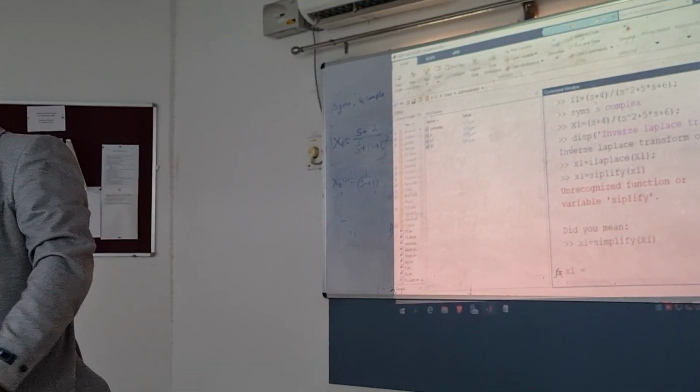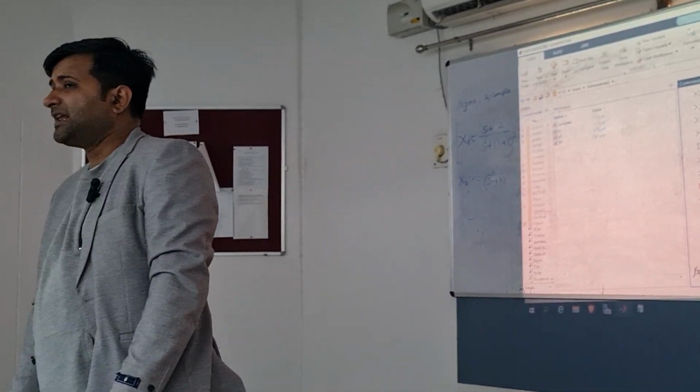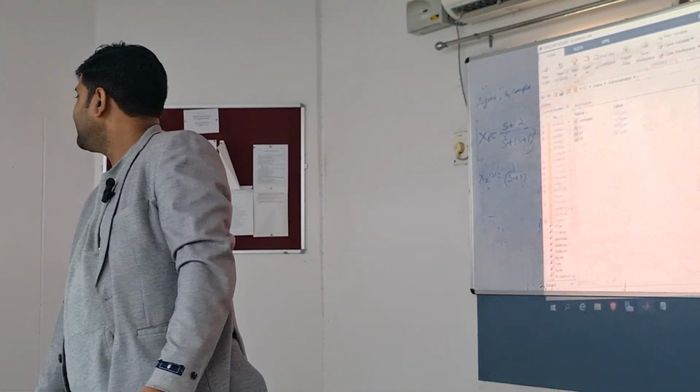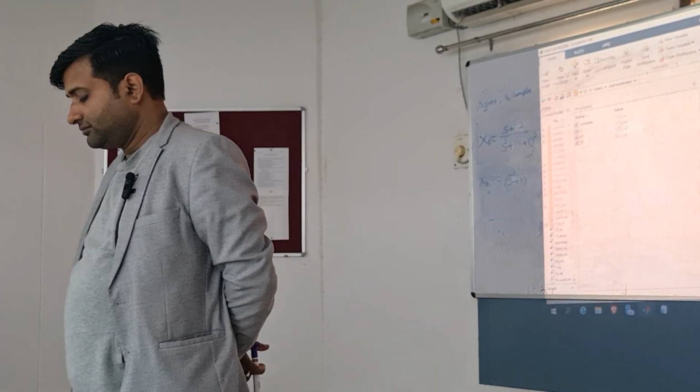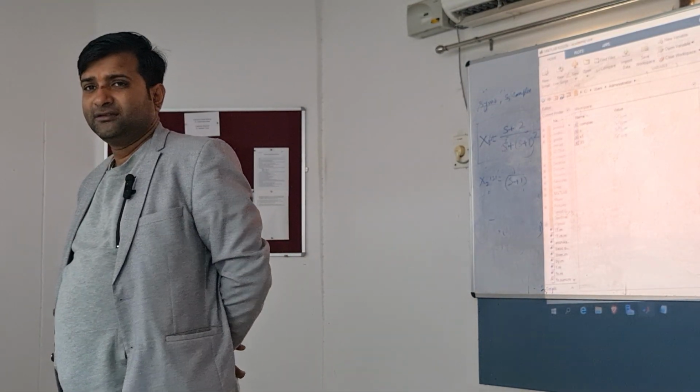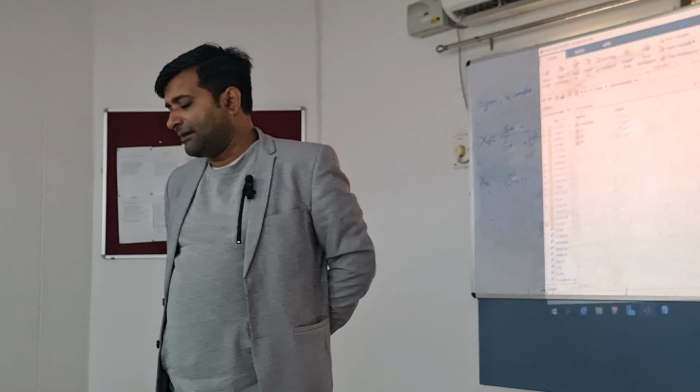You have also studied in the mathematics class to find out the inverse Laplace transform by using partial fraction expansion methods. This is the basic principle to find out the Laplace transform.